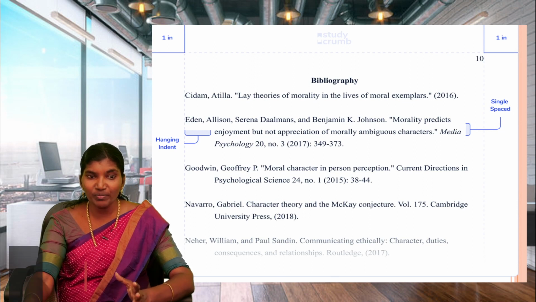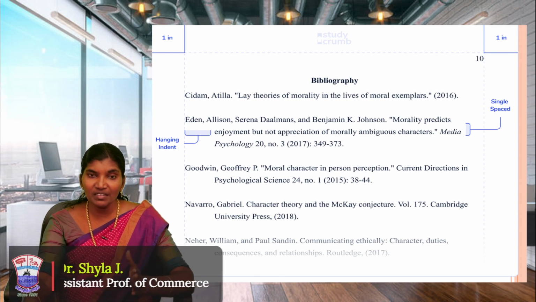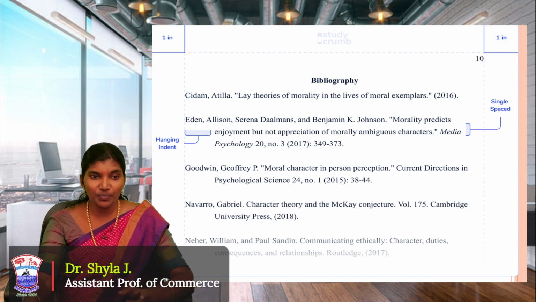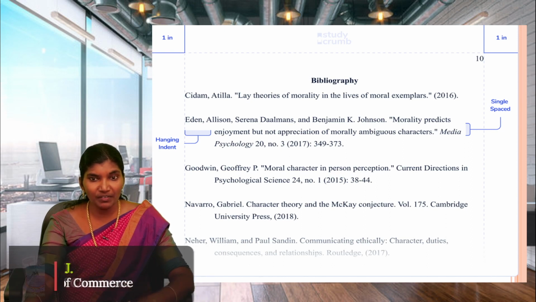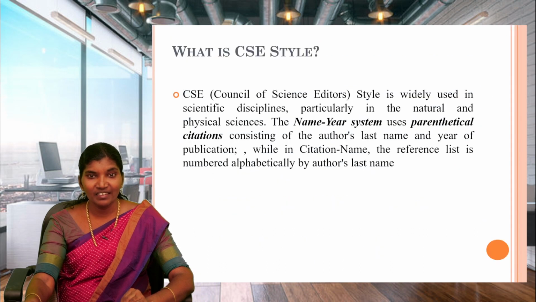You cannot begin the second line from the margin, but you have to leave some space, and after that you can continue the reference. This is mandatory under this Chicago citation style. You can go through this format also. Some other authors' references I have also enclosed for your better understanding.